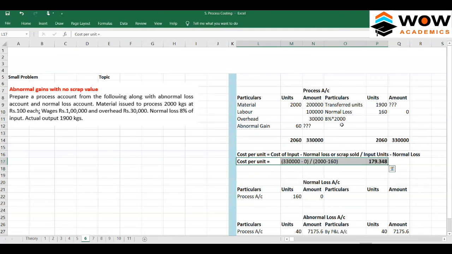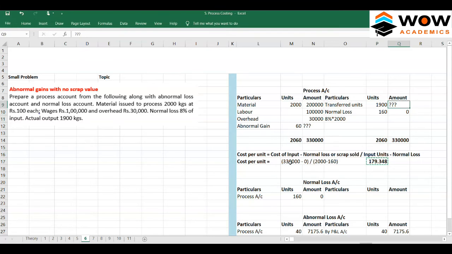So first, what we'll do is find out the cost per unit. Cost per unit is going to be like this: total cost is 3,30,000 minus scrap value of 0. Normal loss is 160 units. Okay, so the total amount is the same, 179 point this number.